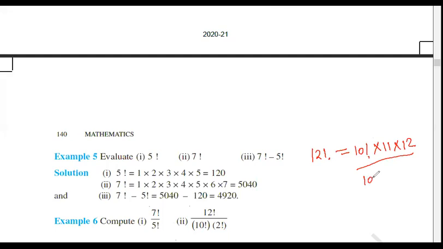Thereby 10 factorial into 2 factorial is nothing but 2. Cancel. Then 6, 66. I hope you didn't calculate everything and then cut it. It's easy. Got it?